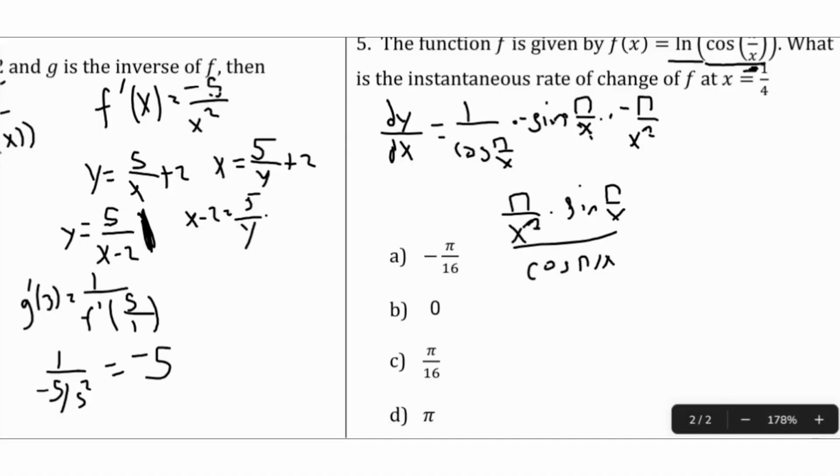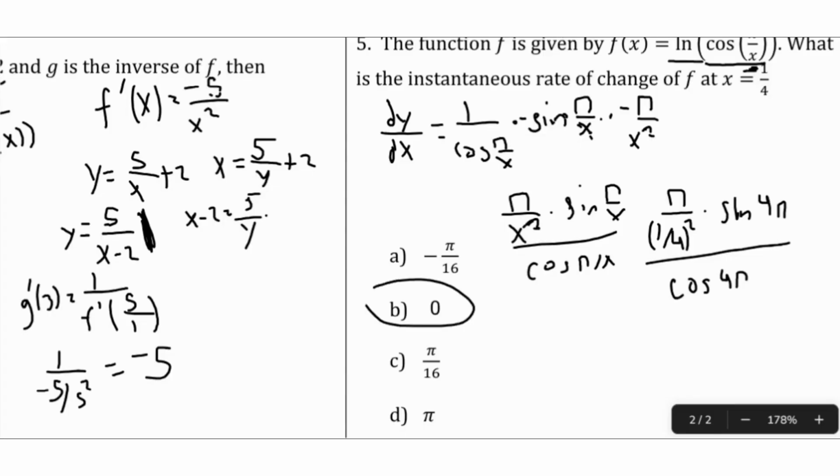Now if we plug in a 1/4 here, sorry, that should not be an equal sign, we get pi over 1/4 squared times sine of, pi over 1/4 is just 4 pi. 4 pi over cosine of 4 pi. But here's the thing, sine of 4 pi is equal to 0. So this entire thing is multiplied by 0, and we're just left with 0. So the answer is B.